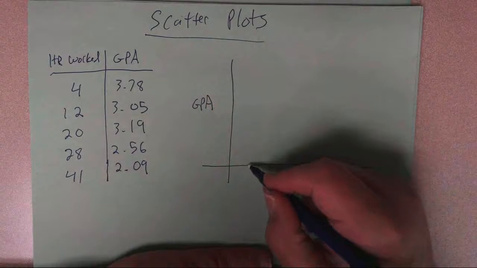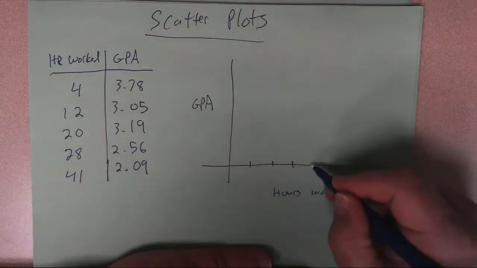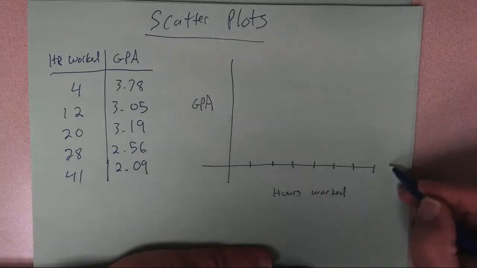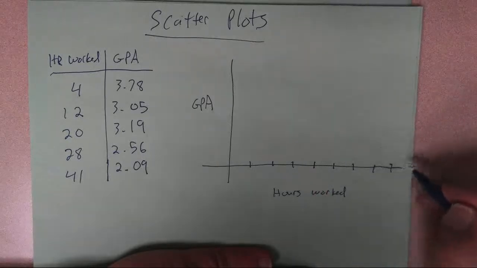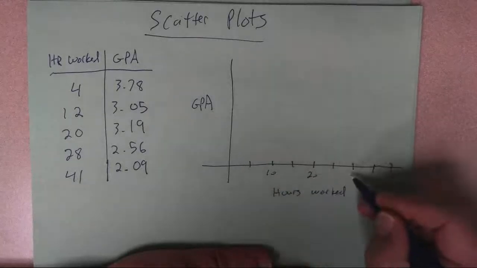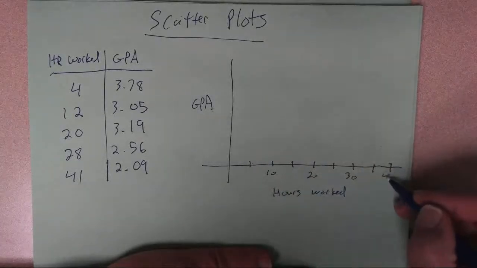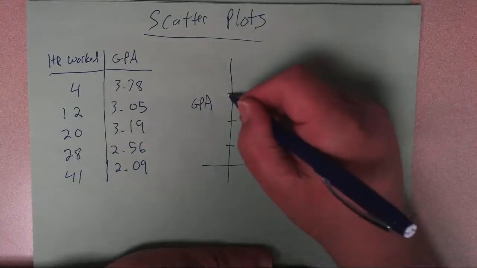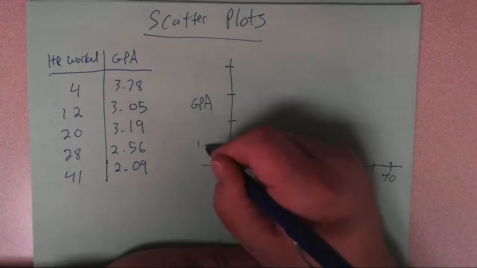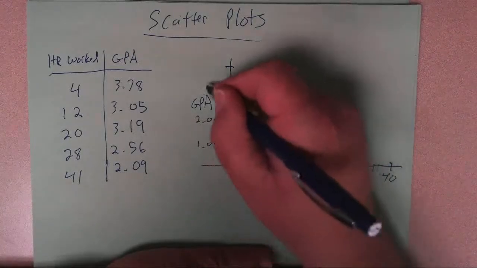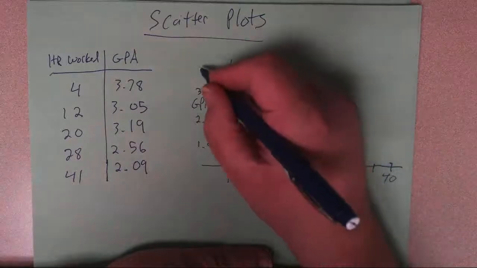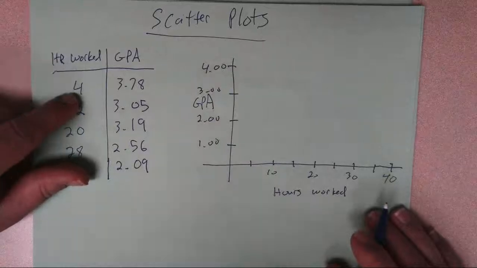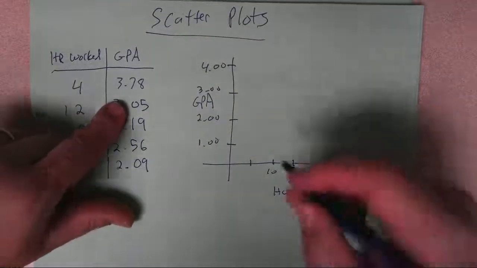So let's see, I'm going to go 10, 20, 30, 40. And then the GPA maybe 1.0, 2.0, 3.0, 4.0. These don't have to be perfect, you just approximate them.